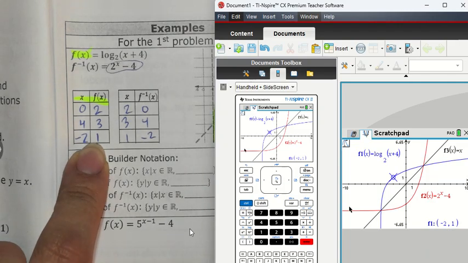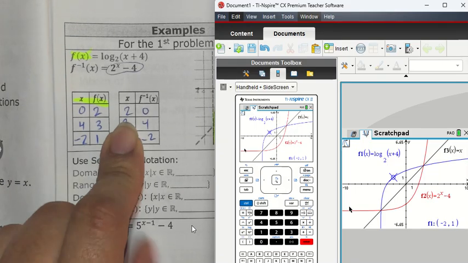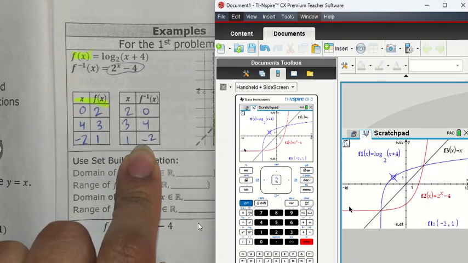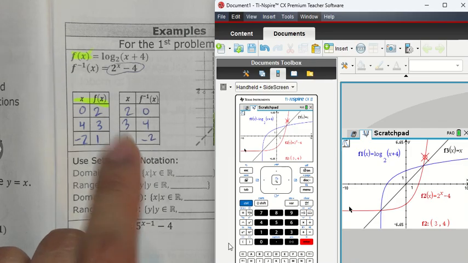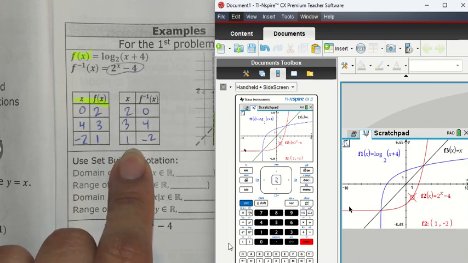And I'm going to do the inverse of that, which is swapping them. So these points should be on the red line, or the red graph. So I'm going to show you that right here. At 2, 0 is one of them. And then at 3, enter, we have 3, 4. And then if I type 1, enter, we have 1, -2.